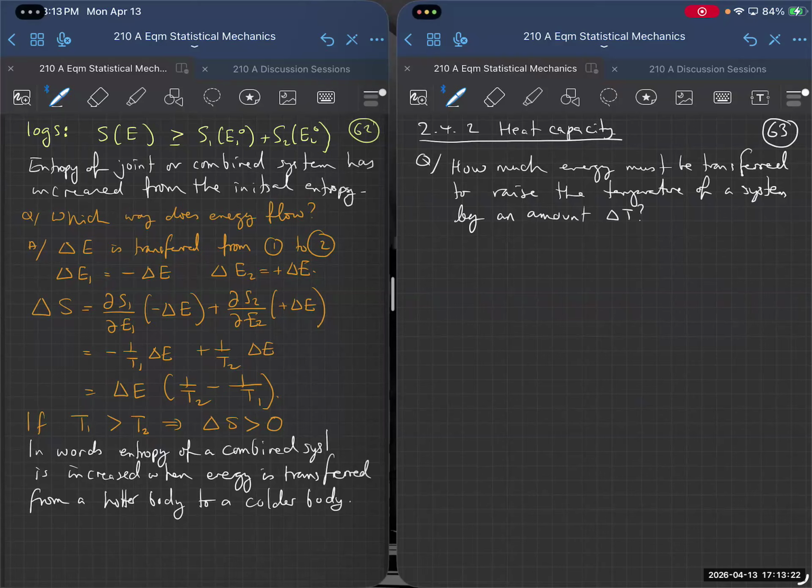That's a question. So call the answer delta E. Then we define the heat capacity, I'm going to call it C sub X, is equal to dE by dT at constant X.